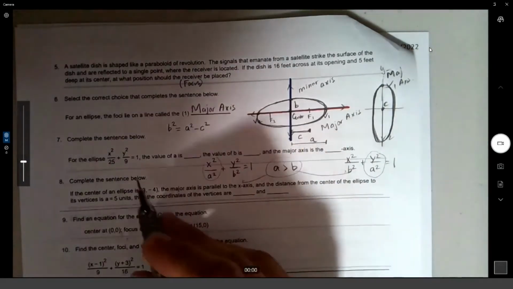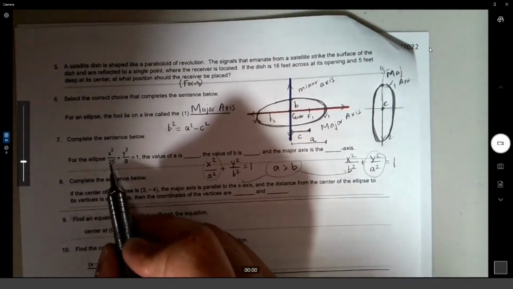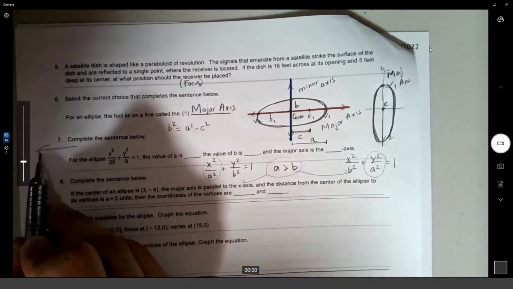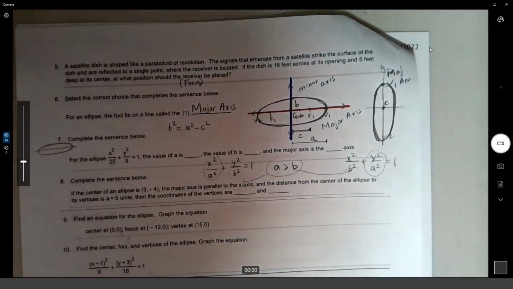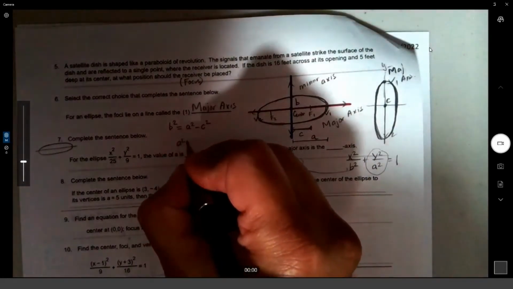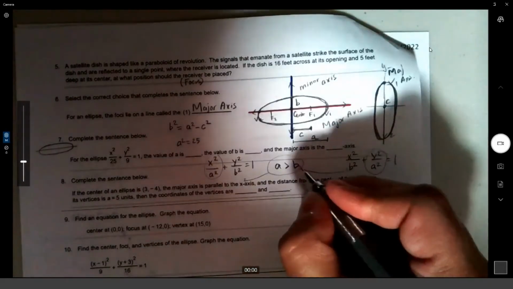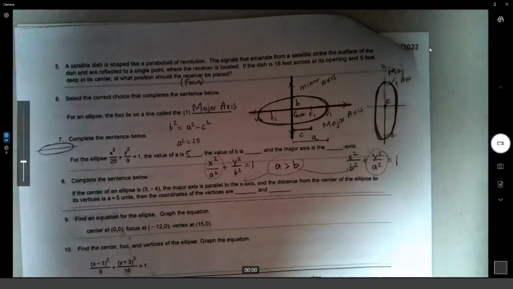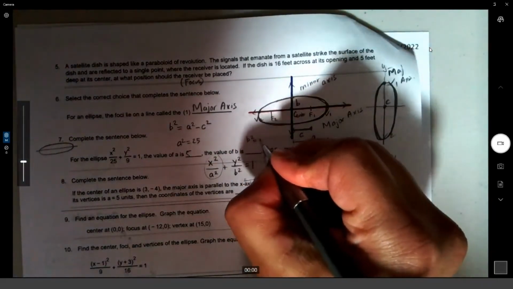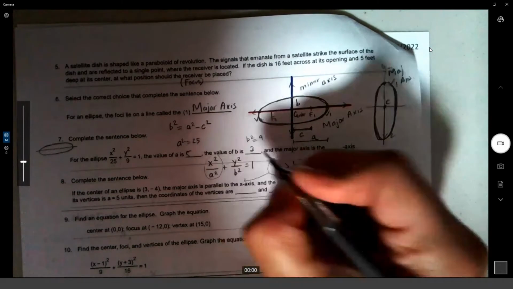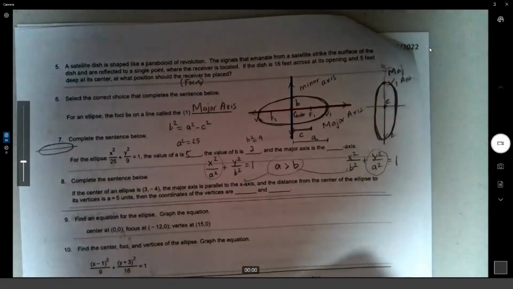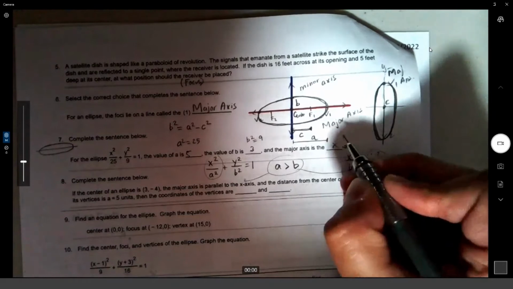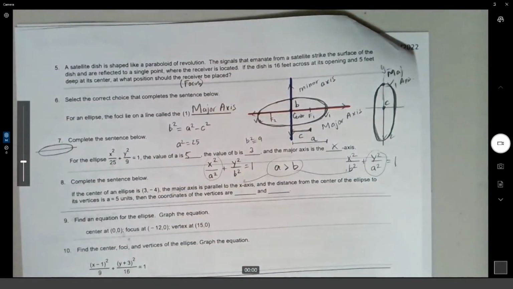In this particular example, I realized that the biggest number is under the x term, so that gives me the hint that it is laying on its side. So a squared is equal to 25, then a is equal to 5. b squared is equal to 9, therefore b must be equal to 3. And the major axis in this case will be the x-axis.